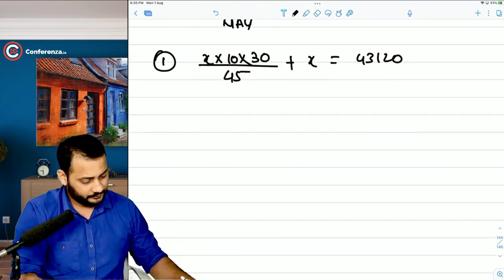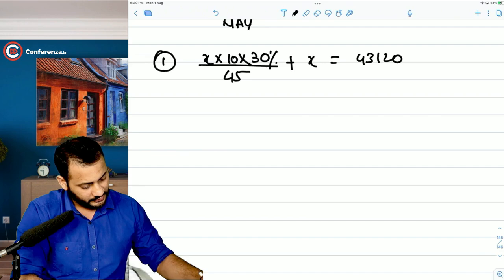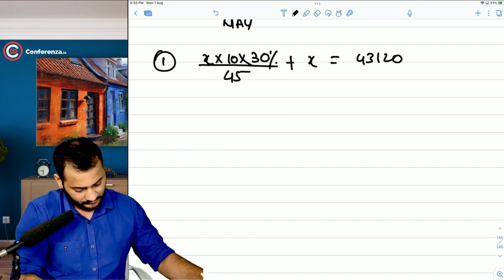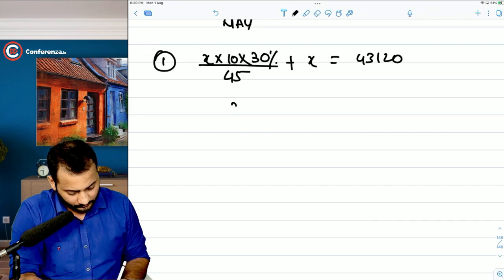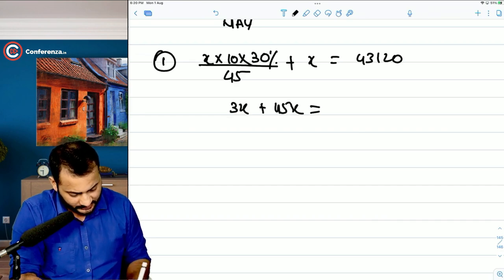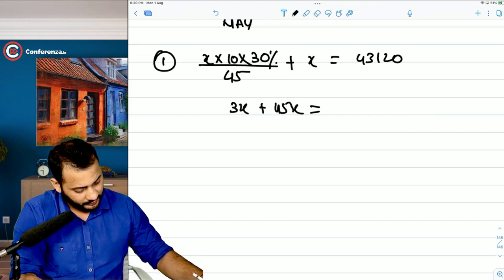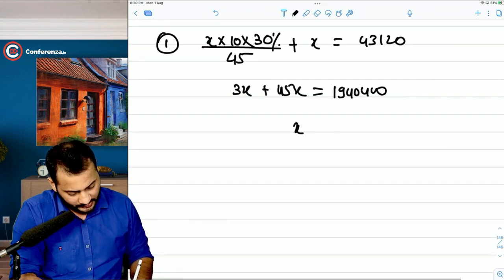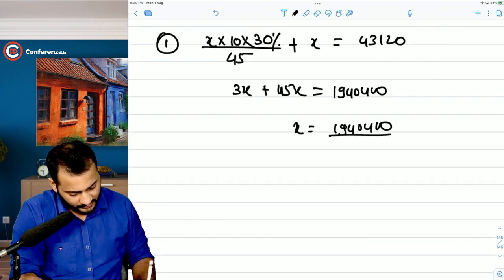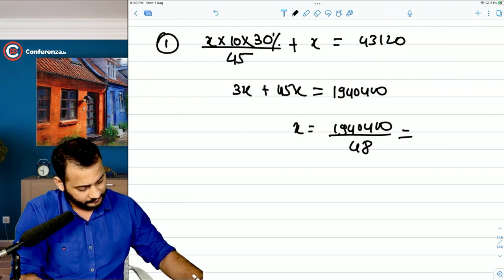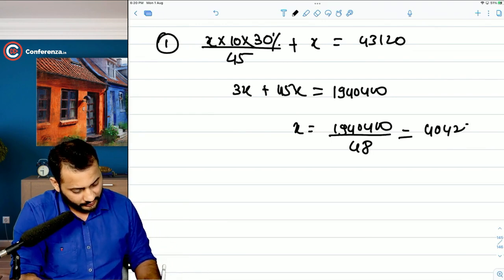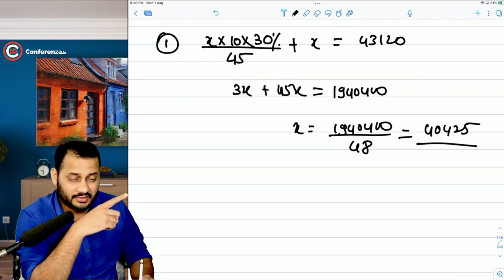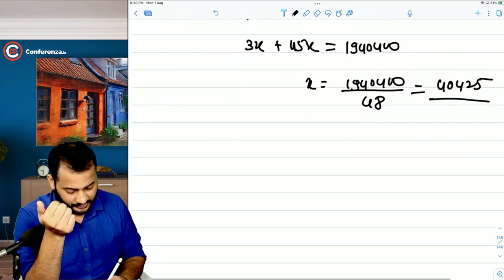And just calculate it now. 30% gives 3x plus 45x, that is 48x, is equal to 43,120 into 45. That's 19,40,400. X is equal to 19,40,400 divided by 48, which is 40,425. Now you take this one as the closing units in the next calculation.